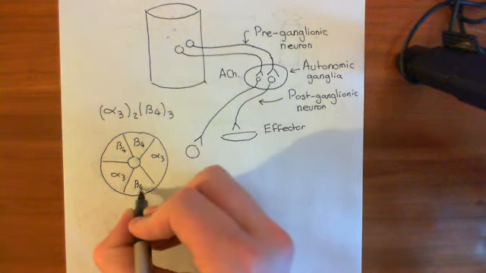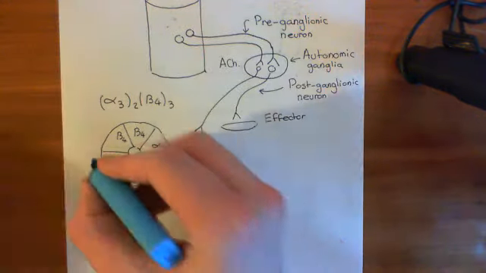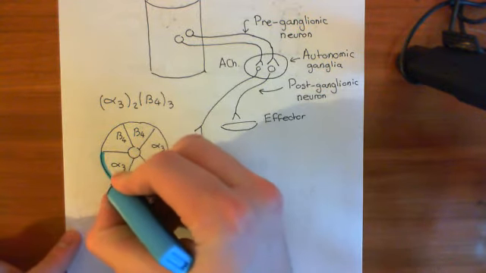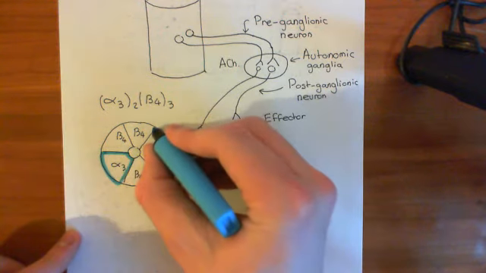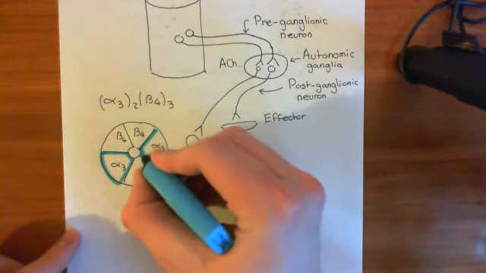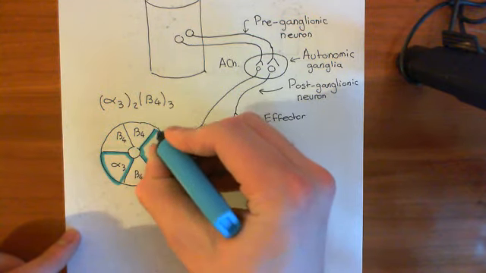So let me colour this in now. We'll have alpha 3 in blue here, so I'll outline the alpha 3 subunits in blue. So you take the alpha 3 nicotinic acetylcholine receptor gene, you make 2 of those proteins.